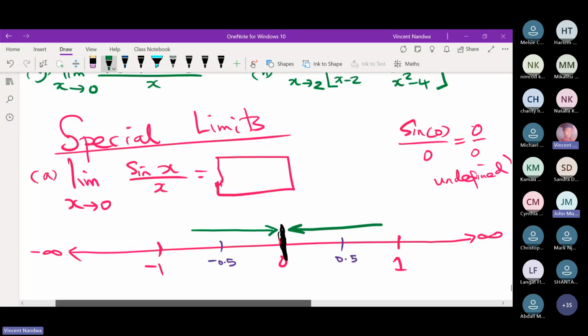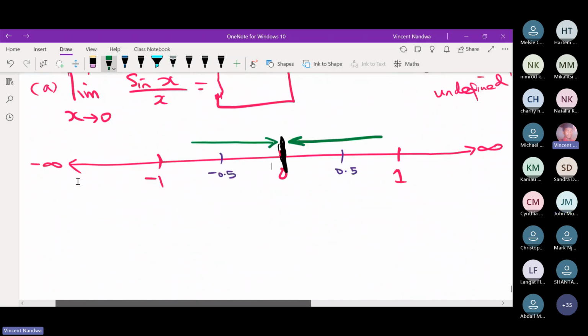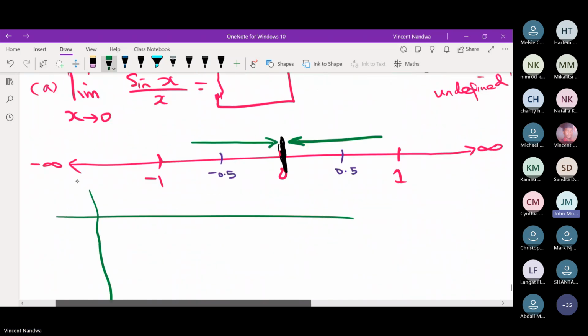So I want us to create a small table. We have x, and then we have f of x, which is sine of x over x.